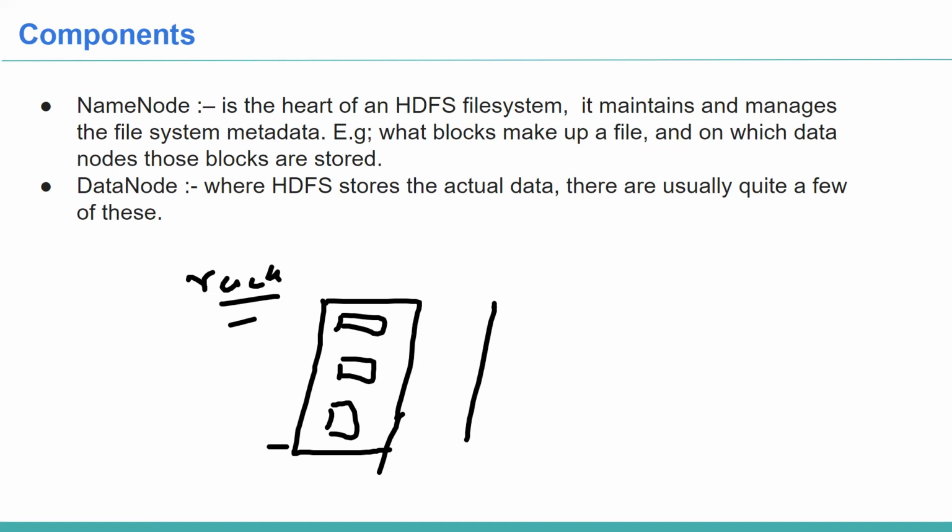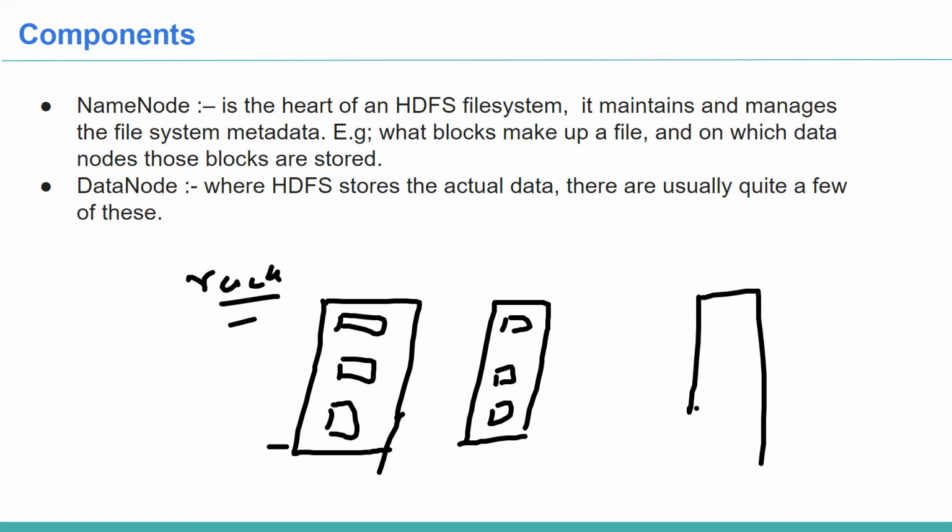Similarly, we might have three nodes in a different rack, DN4, DN5, DN6. Similarly, we have different racks like data nodes 7, 8, and 9. So let's say we have three racks where different data nodes are available. The name node knows about this, that DN node resides in rack 1.